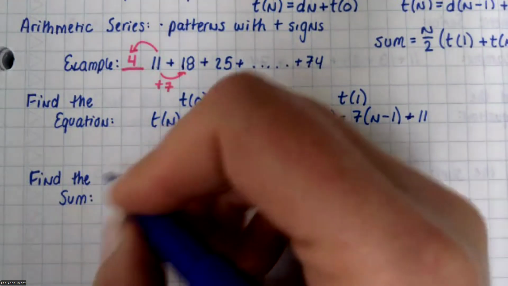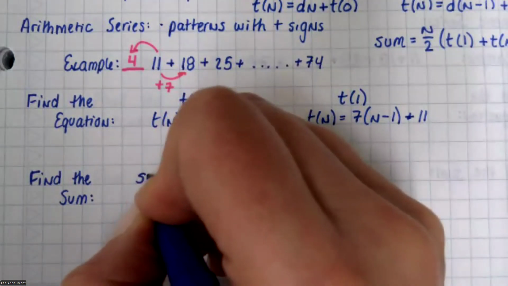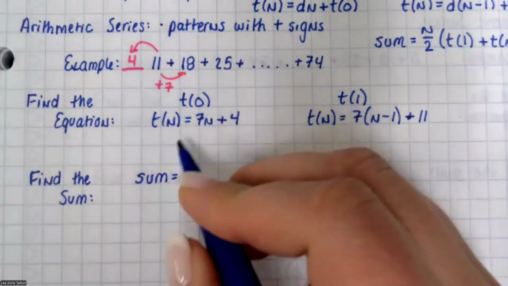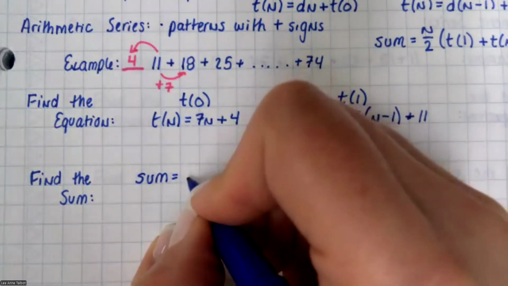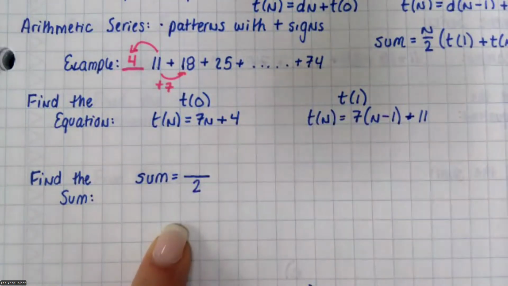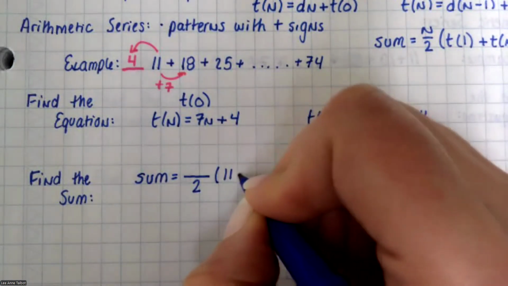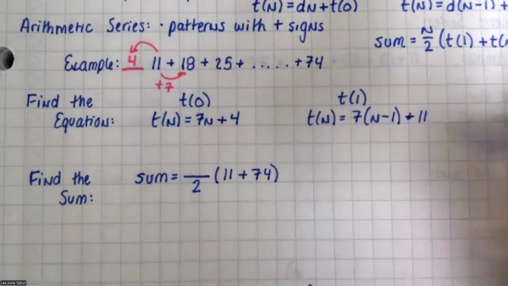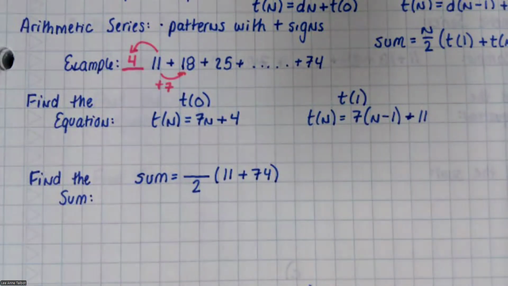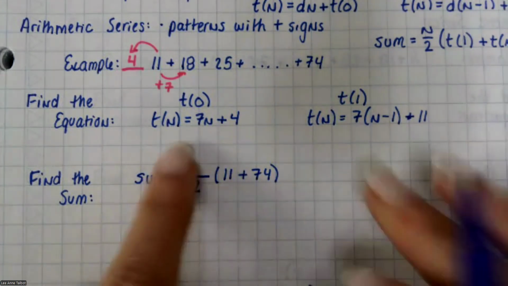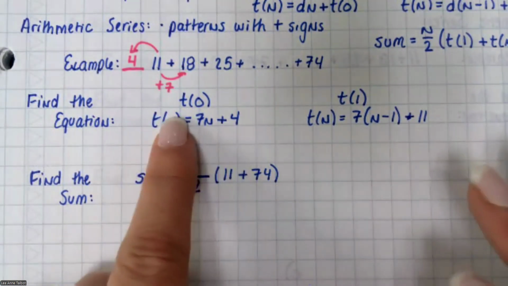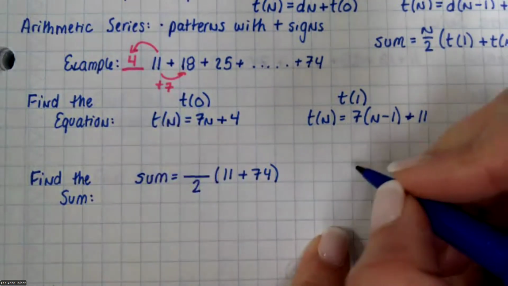Okay, we want to find the sum. Sum equals n over 2. Uh-oh, we don't know what n is. That means we're going to have to do some work. Sum equals n over 2 times (first term plus last term). What do we do when we're missing something? Go to the equation. Now we can use either one. I'm going to use the one at term 0 because it's simpler.